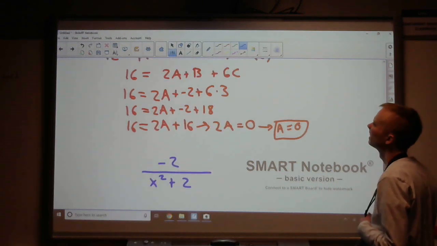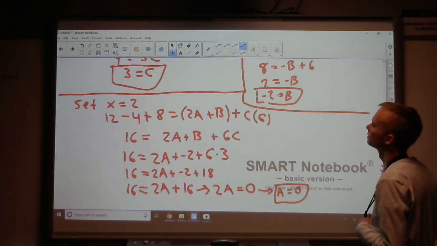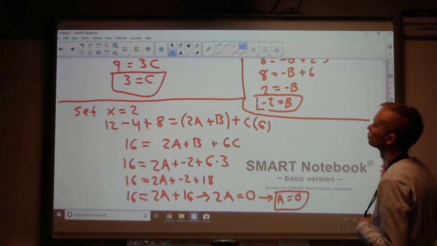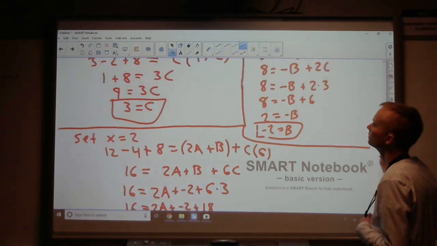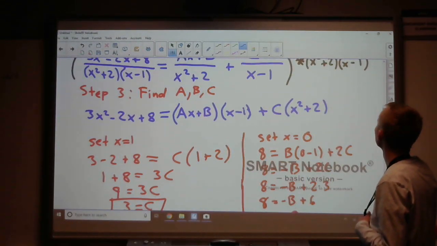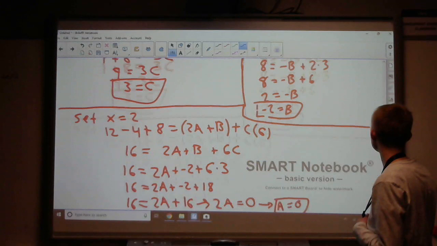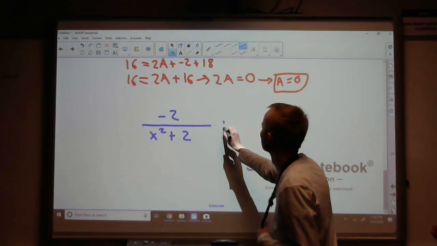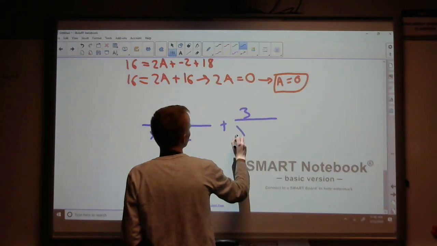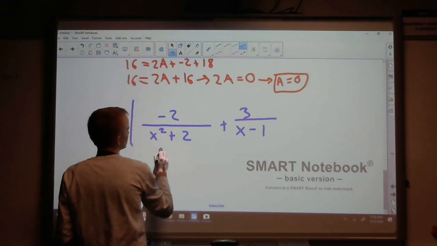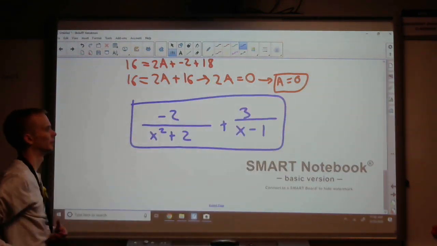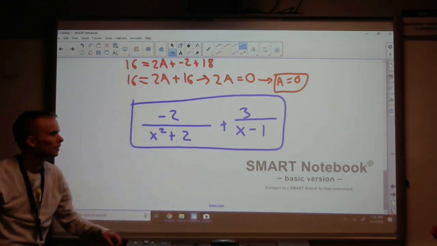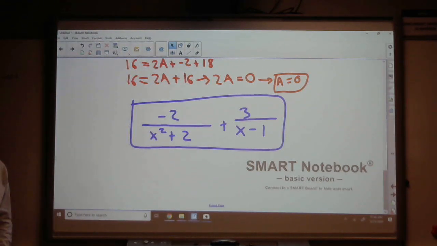And then for our other one, c was 3, and it was divided by x minus 1. So that would be our answer there.